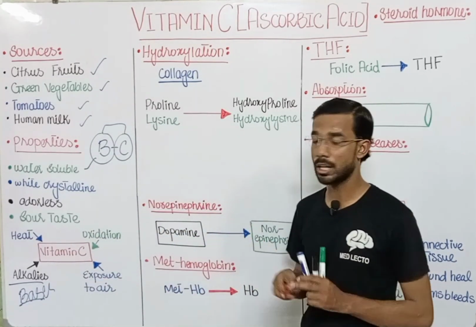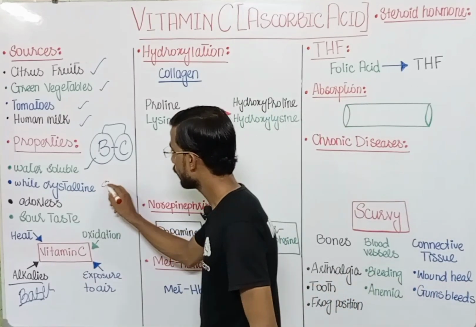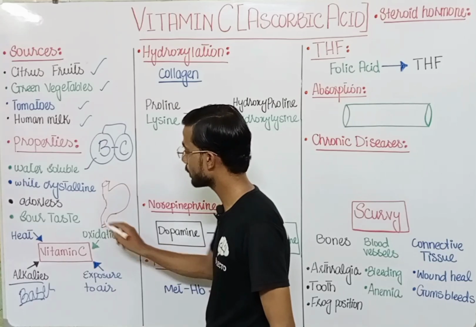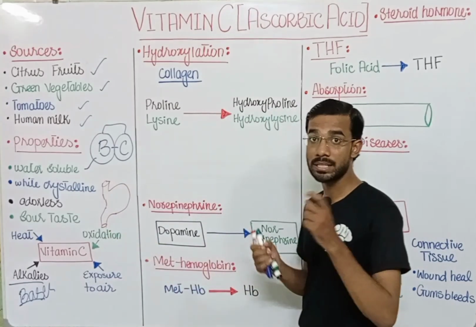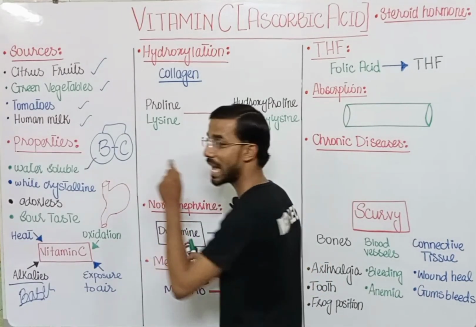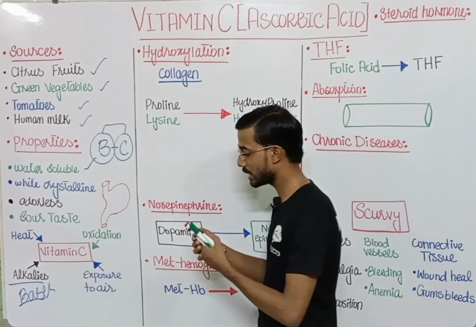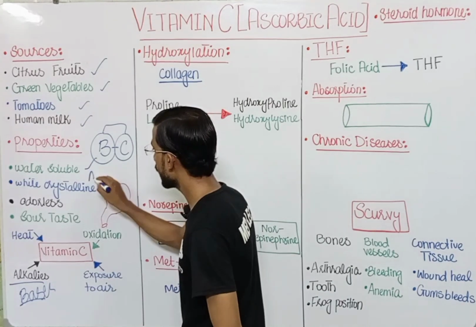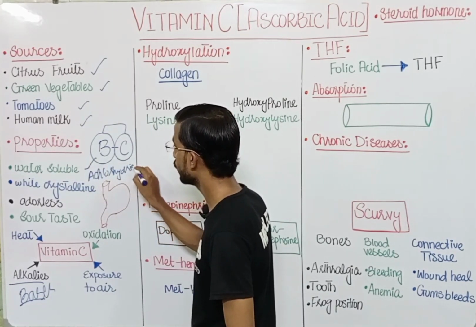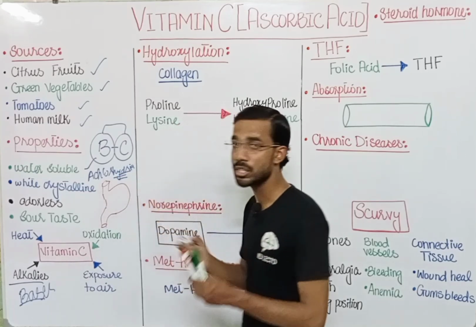Consider a person who takes food having vitamin C, and the stomach of that person does not produce any acid. That condition is called achlorhydria, in which the stomach acid, that is HCl, is not produced.